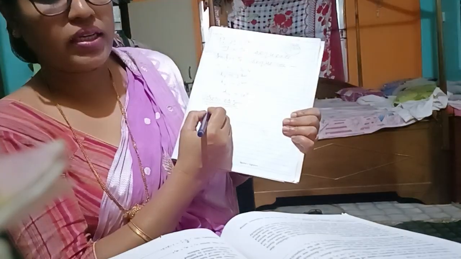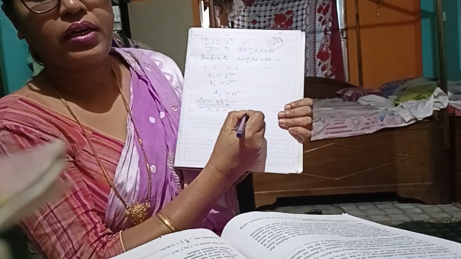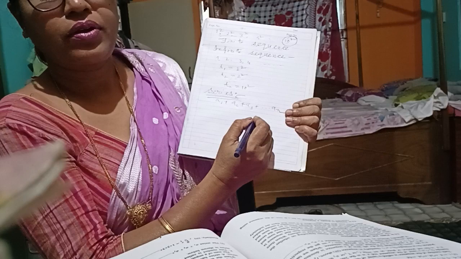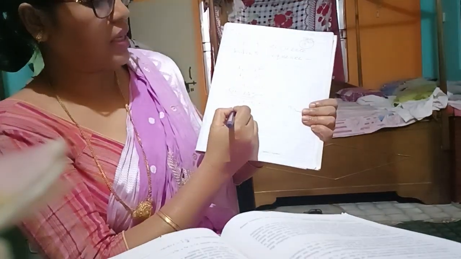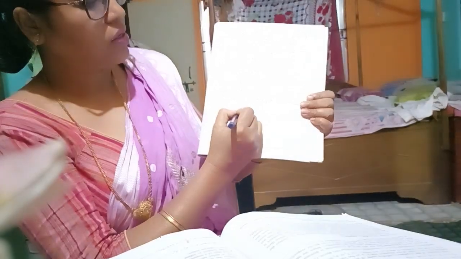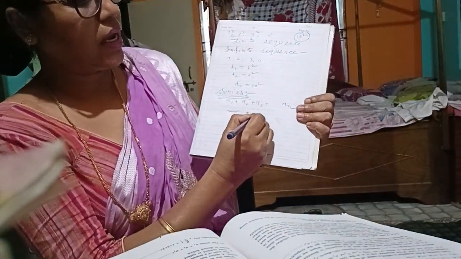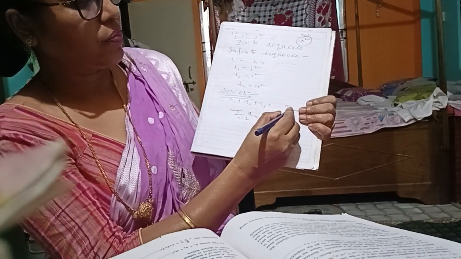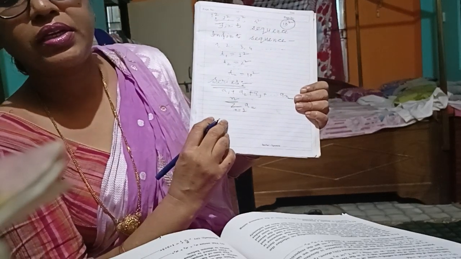Suppose this is a series A1 plus A2 plus A3 up to An. This can be expressed using the symbol summation An, where n is equal to 1 up to N. Understand this?